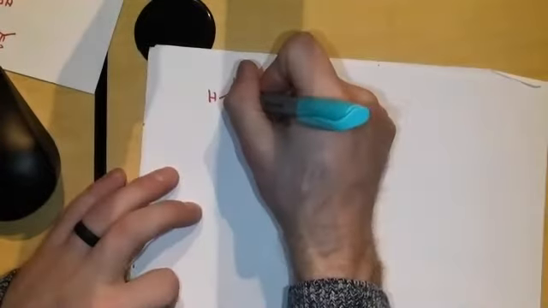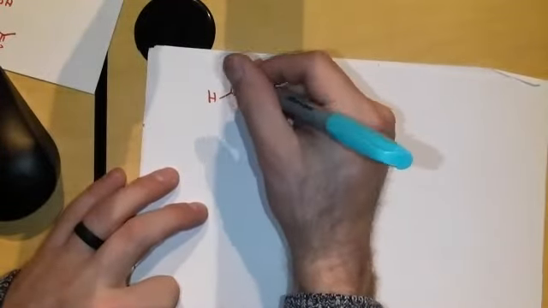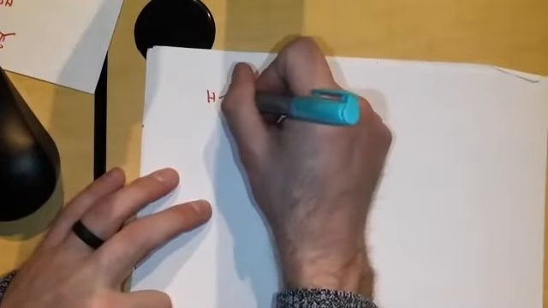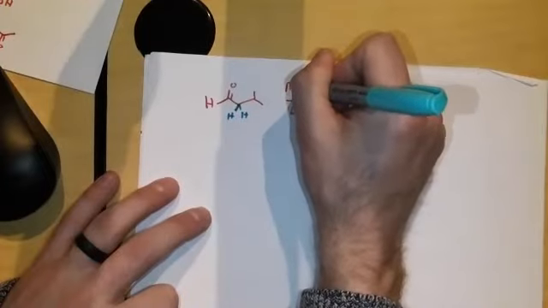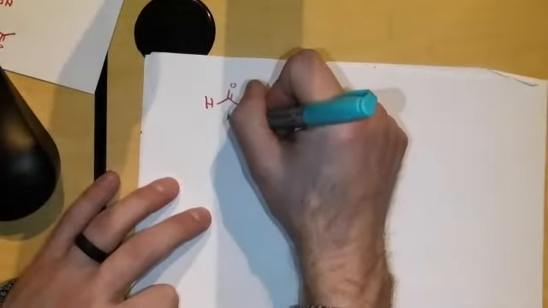We are going to start by picking off one of these protons in our beta position to form an enolate.